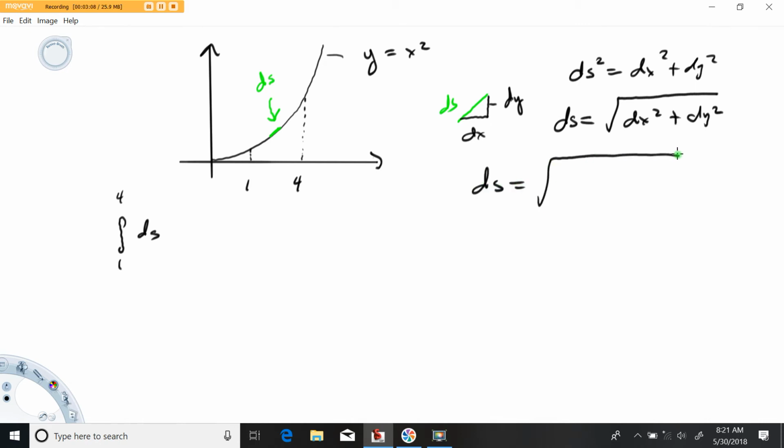Inside this radical, when you factor dx squared out, this is going to become 1 plus dy dx, squared. Notice that if I redistribute this, the dx squared times this gives me the dx, and the dx squared times this gives me this term.